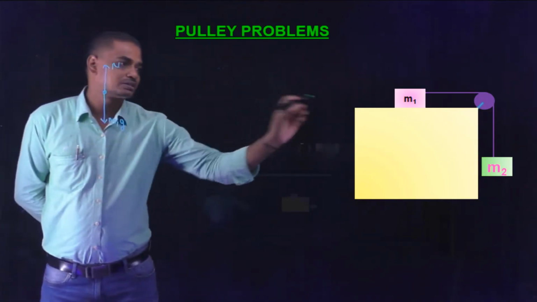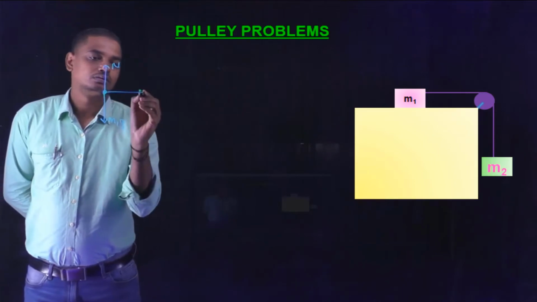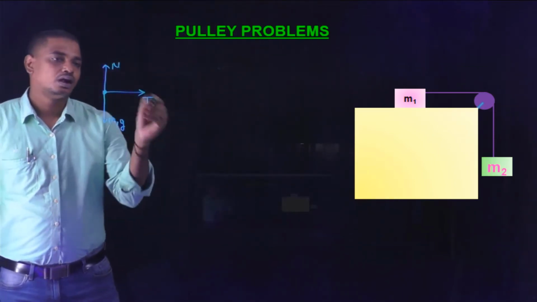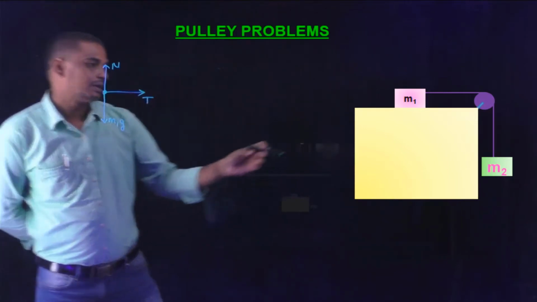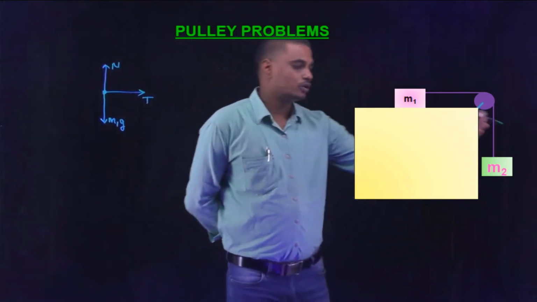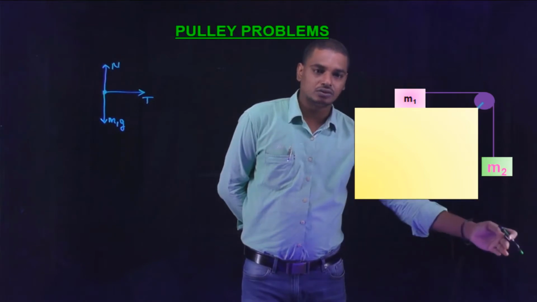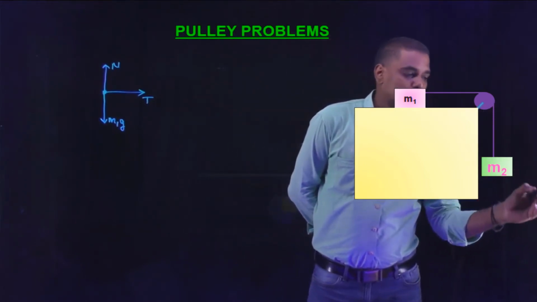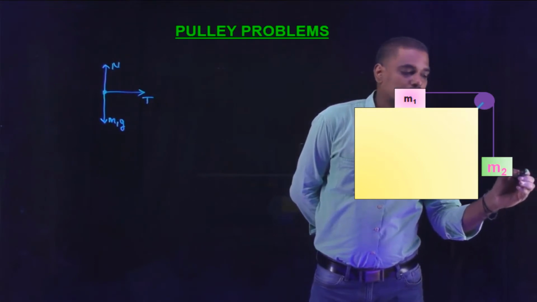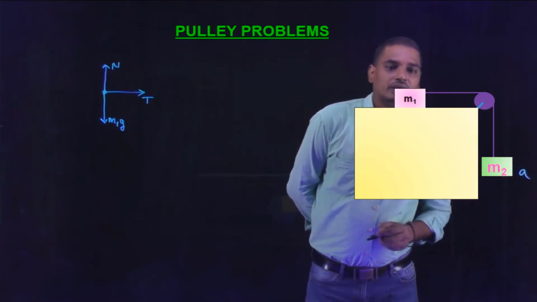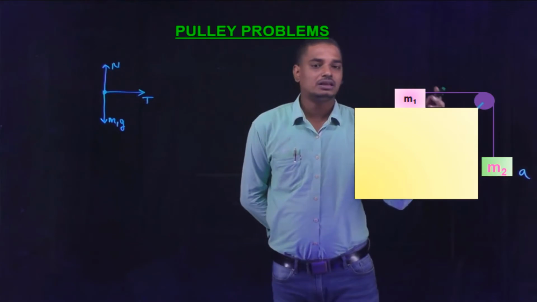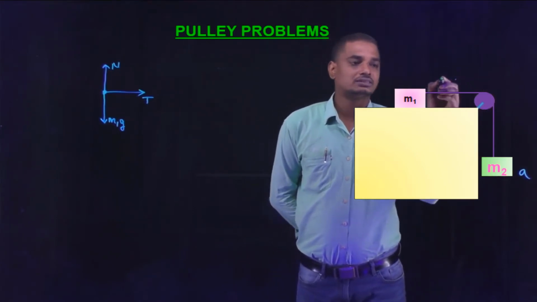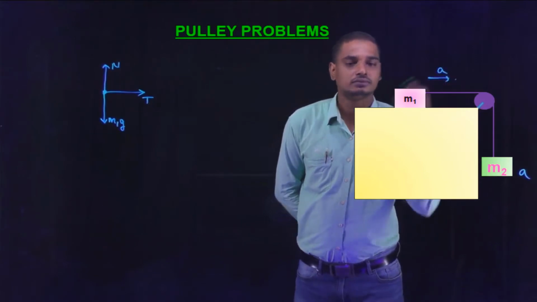As the cable is connected, the tension in the string is in this direction, and as mass m2 is greater than m1, the m2 slides down, coming down with an acceleration a. Similarly, the block m1 moves towards the right with an acceleration of a.